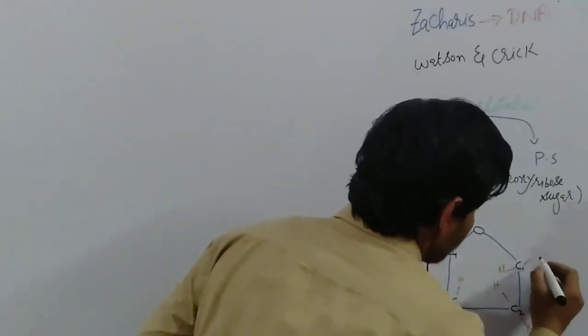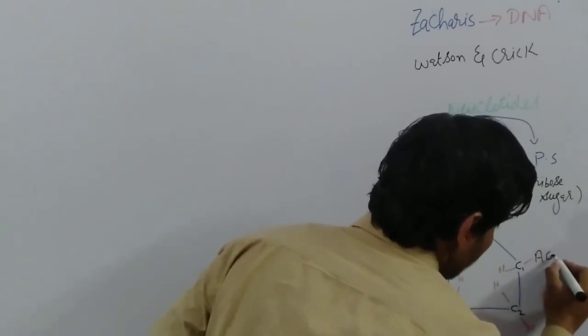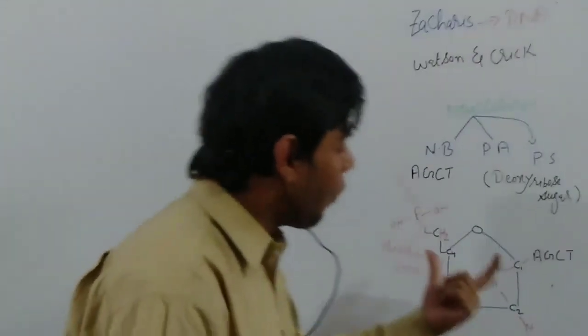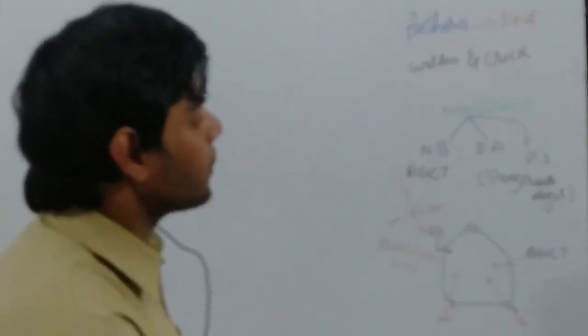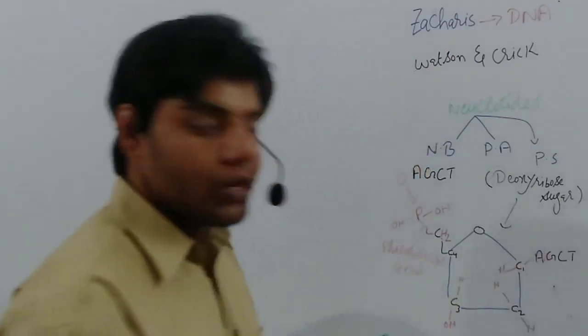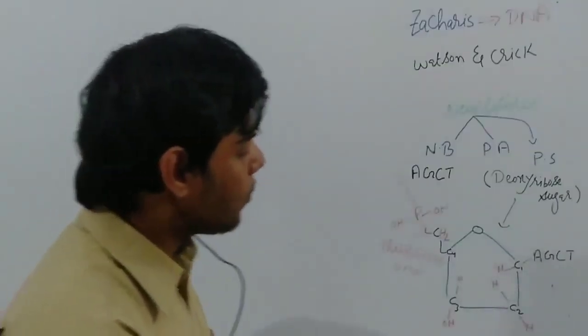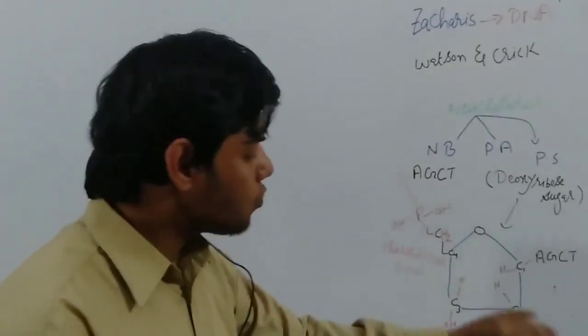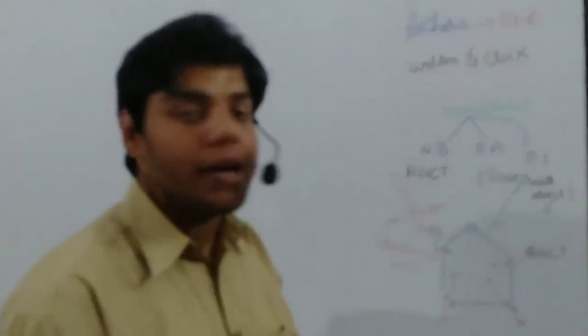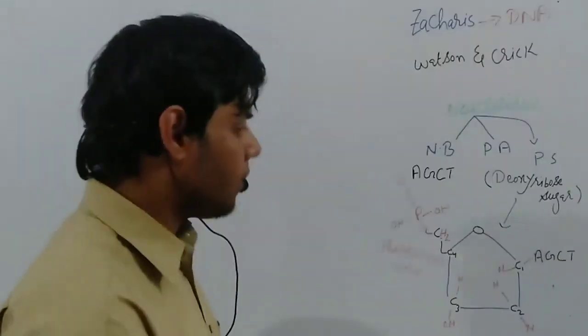It may be adenine, guanine, cytosine or thymine. One pentose sugar contains one nitrogenous base. This is called deoxyribose sugar because at carbon number 2 we have no oxygen; the oxygen is removed.